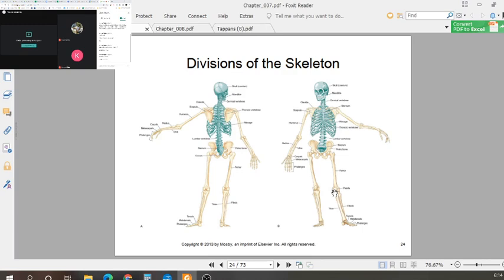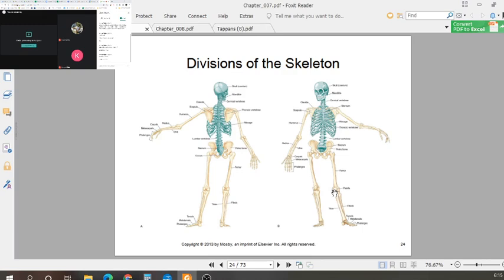But the sacrum, which is the base of our spine, or what we call our vertebral column, is axial. And remember the sternum is part of our axial, so our clavicle and our scapula, which we call shoulder blade, are the attachment points of the appendages, okay?